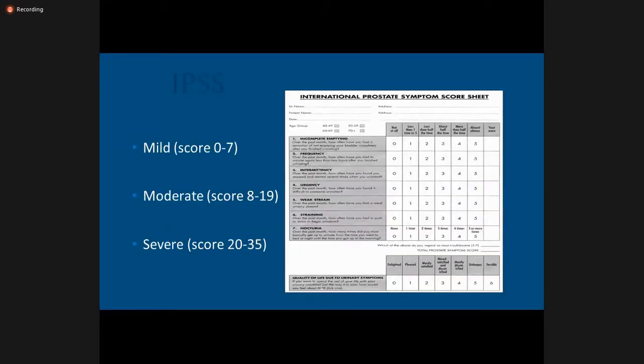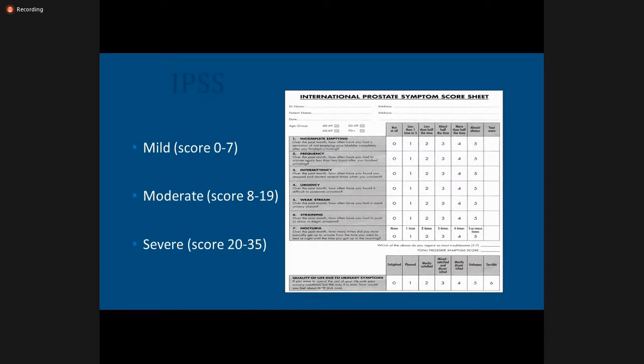This is IPSS, International Prostate Symptom Score. This is usually filled by the patient in the OPD. If the patient is literate enough to read each and every instruction, then he can probably fill this form, and by this IPSS we can assess whether the patient is having mild symptoms, moderate symptoms or severe symptoms.